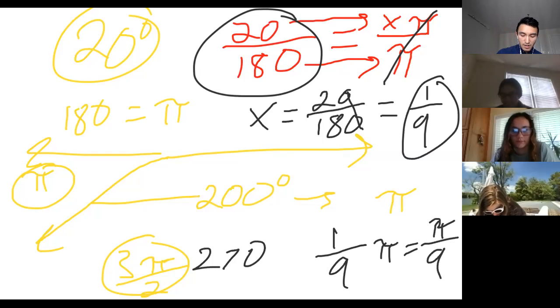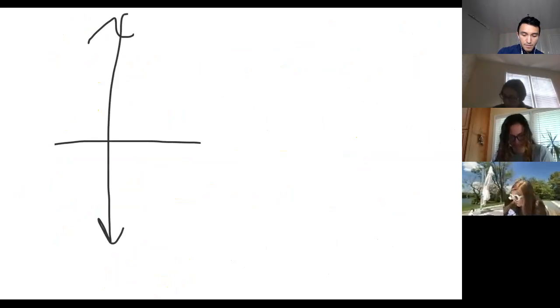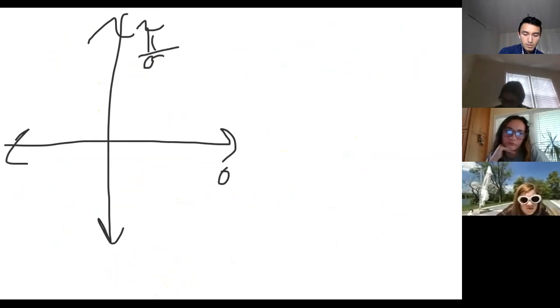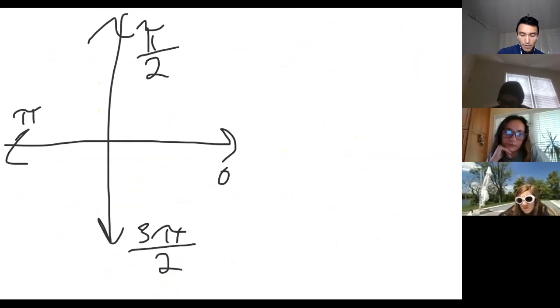So let's go back. Let me clear this whole thing. The whole point of that was to say, if we graph this differently now, I have 0. This is 90, which is also pi over 2. This 180 is pi. 270 is 1.5 pi. So if I were to graph 200 degrees, it's going to end somewhere here.